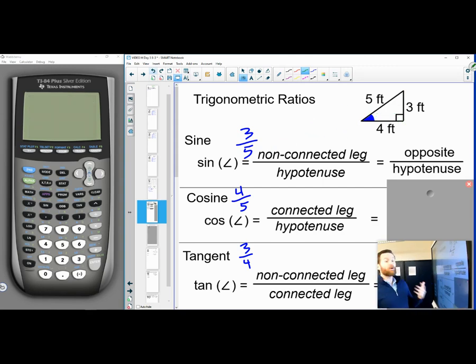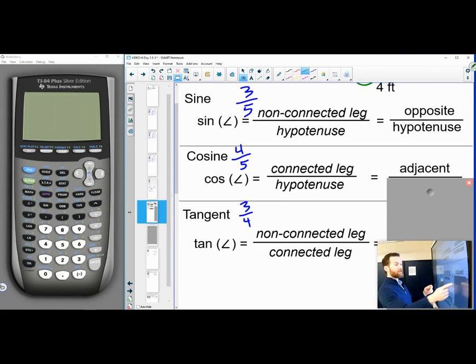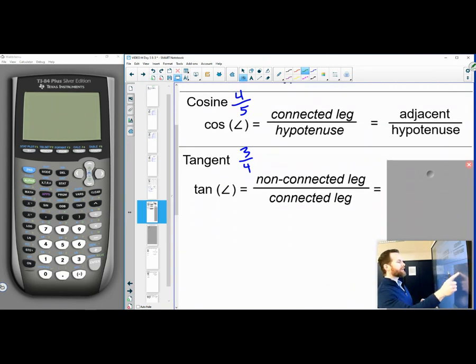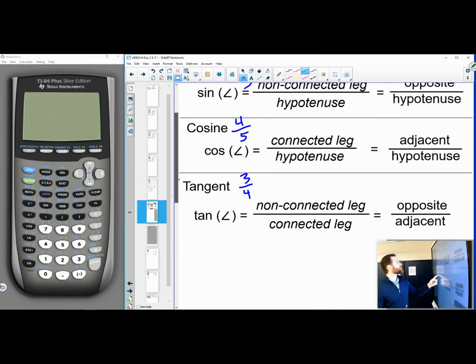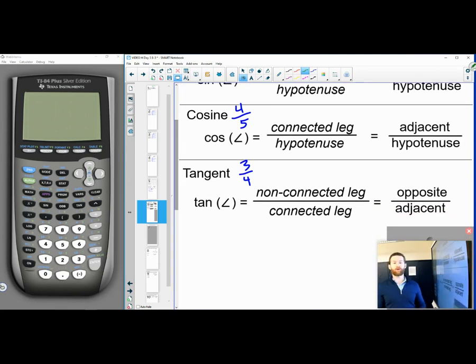Now the cosine, the connected leg to the hypotenuse, again, if we're focused on that blue angle, the connected leg is 4. And 4 we would actually call the adjacent leg, adjacent meaning next to. So cosine we can call adjacent over hypotenuse. And then tangent, we just went over this vocab. Non-connected is opposite, and connected is adjacent. So we have sine being opposite over hypotenuse, cosine is adjacent over hypotenuse, and tangent is opposite over adjacent.